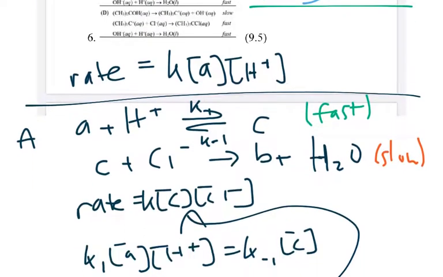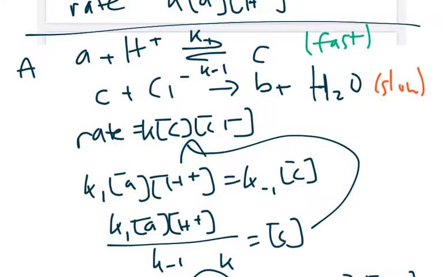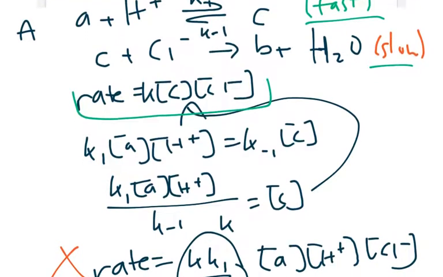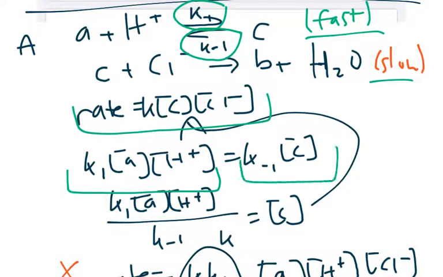So for the first reaction, I substituted all the complicated chemicals with their letters, and I labeled fast and slow, and I based my rate law from the slow, and then I did some substitution by knowing that the forward reaction is equal to the backward reaction, so the rate law of the forward reaction is equal to the rate law of the backward reaction.